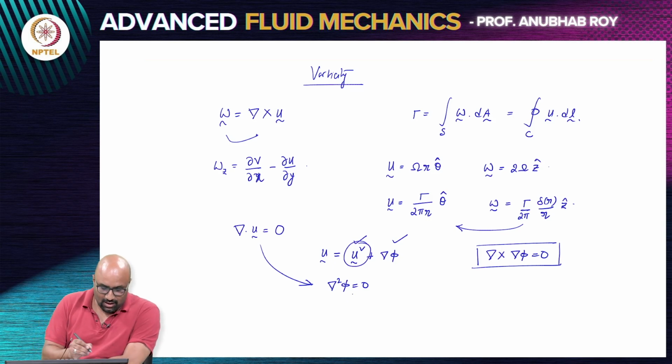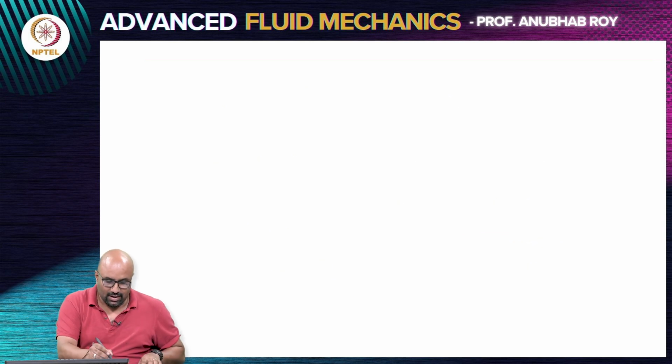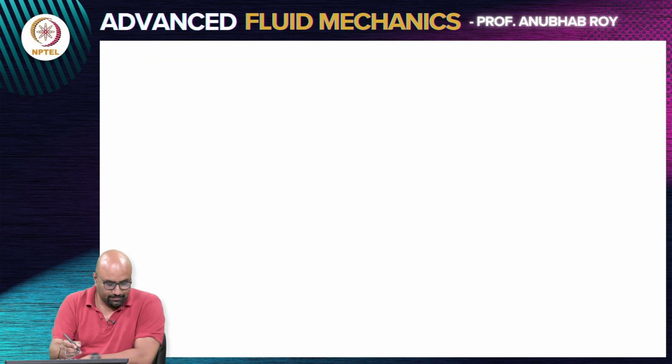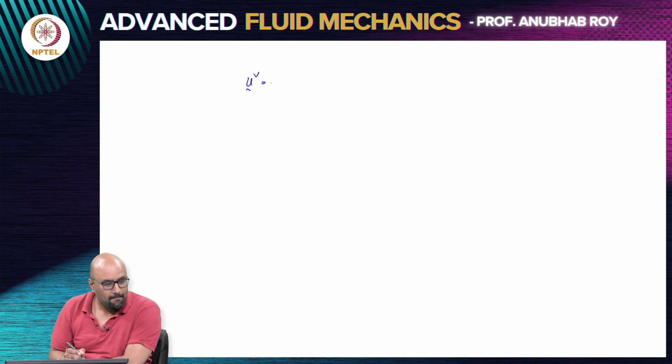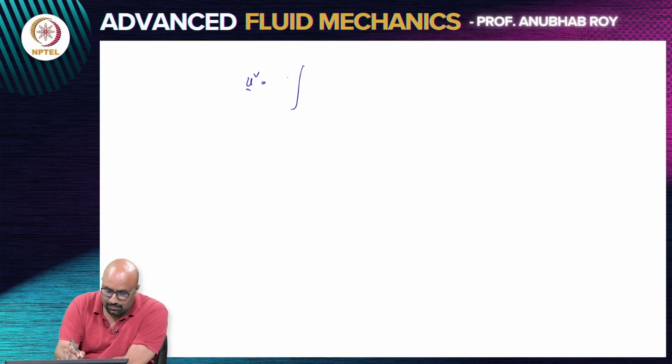The rotational part of the velocity field is related to the vorticity field as follows. If I say that I know vorticity over a region, and let us say I am just choosing a line, and I will come back to this description of a line, that I know vorticity at a particular point, what flow does it drive everywhere else? What would be the velocity field that is driven everywhere else due to this particular vorticity field?